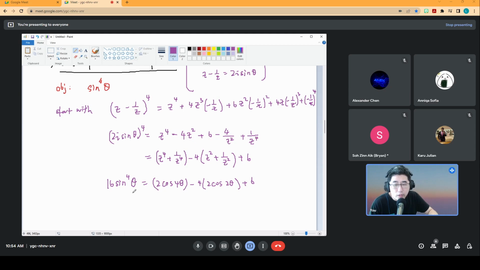Over here, I simplify everything by writing sine power 4 theta as my subject. So I have 1 over 8 of cos 4 theta minus 4 of cos 2 theta plus 3 as my answer.